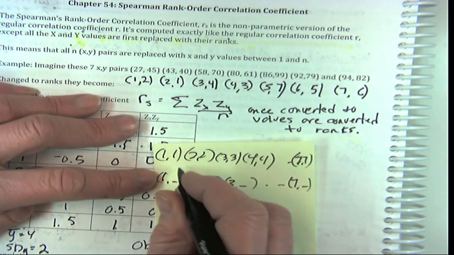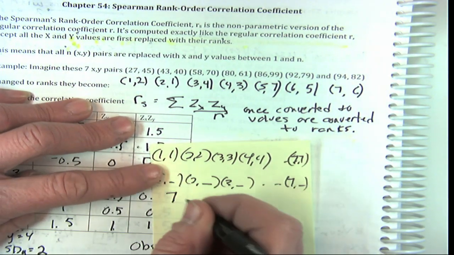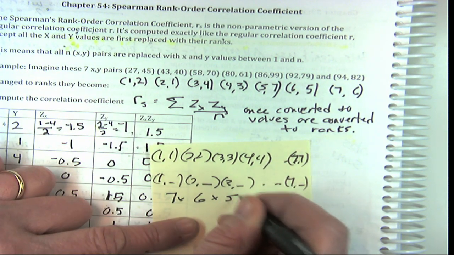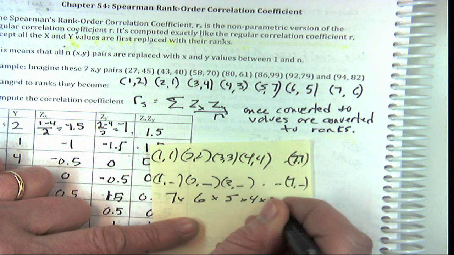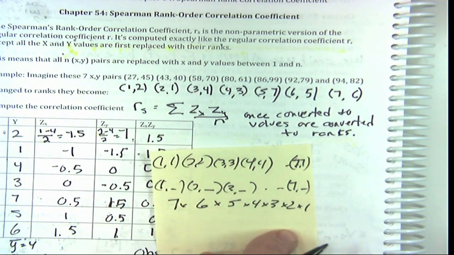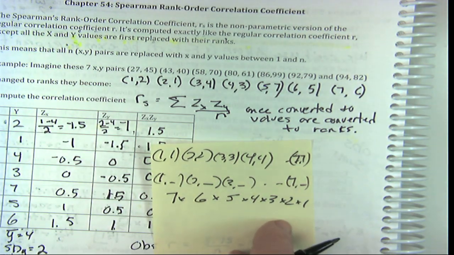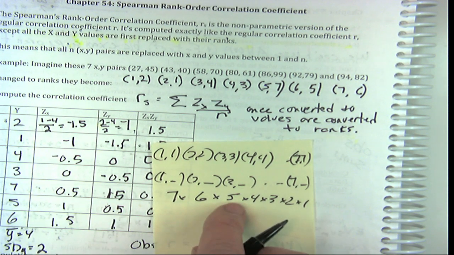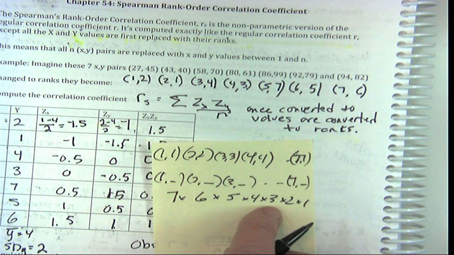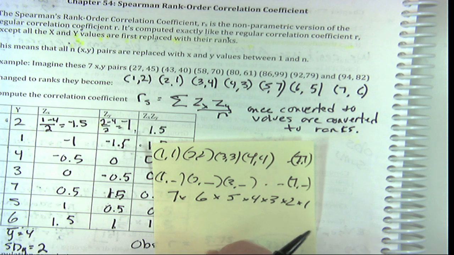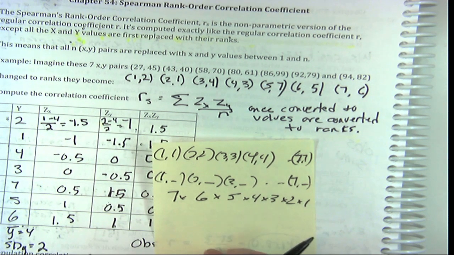Well, there's 7 possibilities for the first one, times 6 for the next one, times 5 for the next one, times 4, times 3, times 2, times 1. So it would be 7 factorial, right? Which is what? 210 times 24? 5,040.